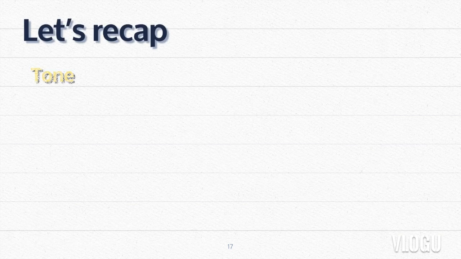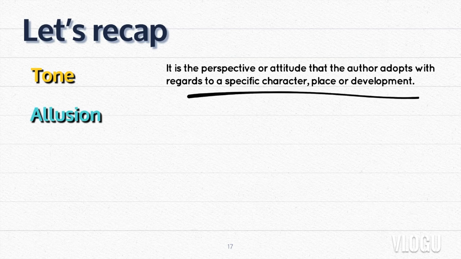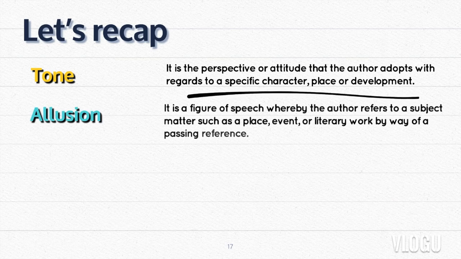Now let's recap. We talked about tone, and we said that it is a perspective or attitude that the author adopts with regards to a specific character, place, or development. Allusion. It is a figure of speech whereby the author refers to a subject matter, such as a place, event, or literary work by way of a passing reference.